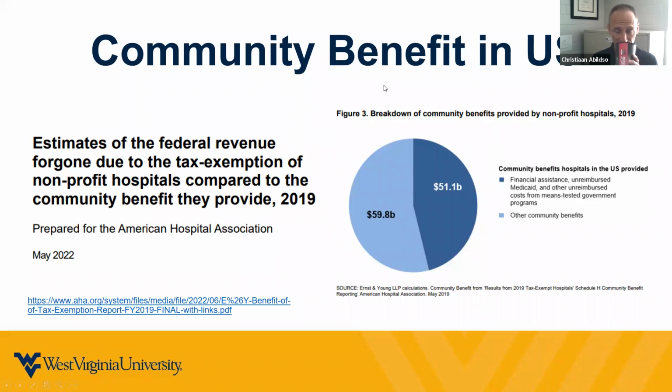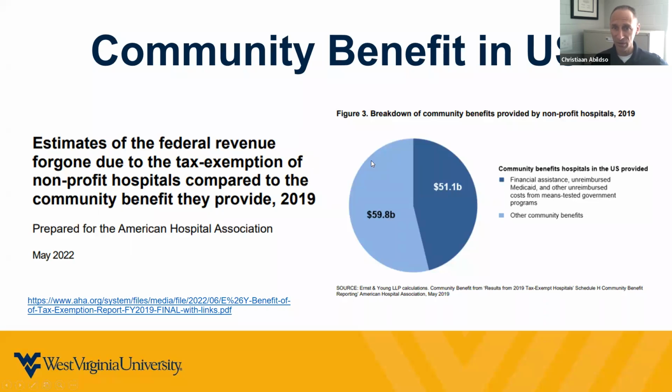I talk about nonprofit hospitals as huge players in this. You can see that in a look by the American Hospital Association at the community benefit that is provided in the US. You can see this charitable care in the dark blue is about half of over a $100 billion so-called industry of providing community benefit by nonprofit hospitals.